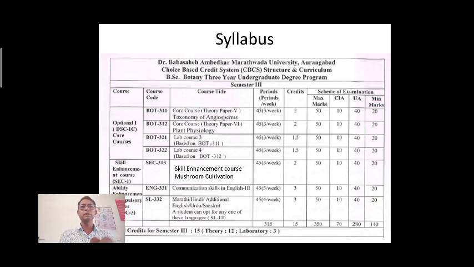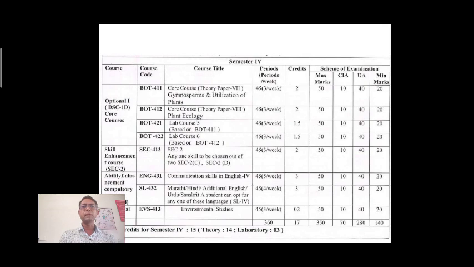Now moving to semester 4, you can see in semester 4 again the optional one, that is the core course, is there. This core course again has 2 theory papers. These 2 theory papers have 2 practicals based on them, and there is a skill enhancement course, in which the student can select any course from the 2 given courses.